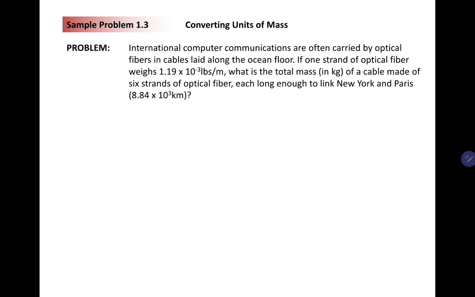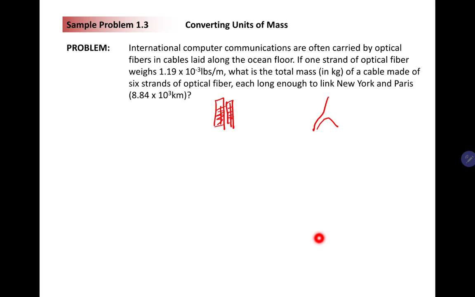All right, so in this calculation they're trying to lay optical fiber between two cities, New York and Paris. So you are trying to lay down a cable between New York and Paris.